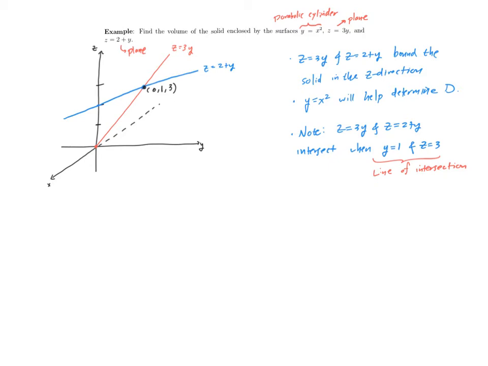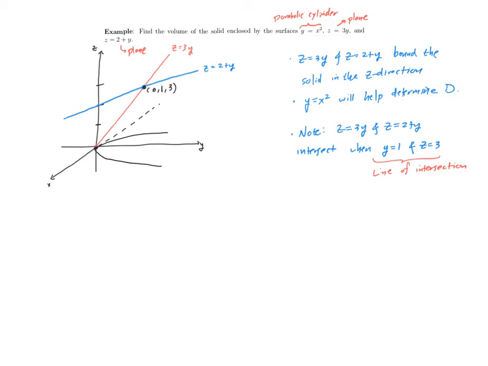Now, in order to get this parabolic cylinder involved, I'm going to sketch the z equals 0 trace, so in the xy plane, which is simply a parabola that opens up in the direction of the positive y-axis and has its vertex at the origin.